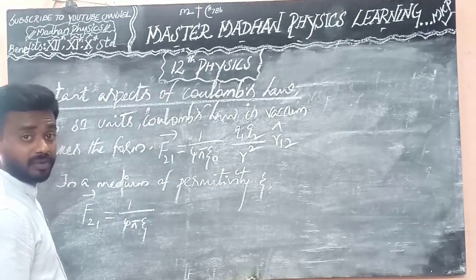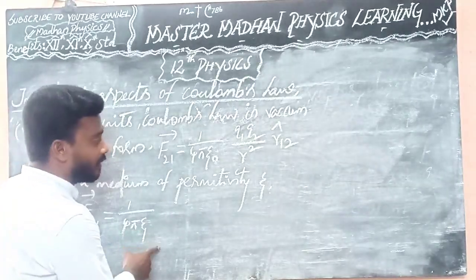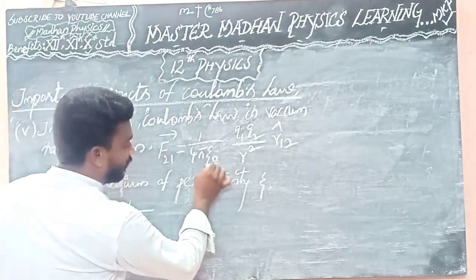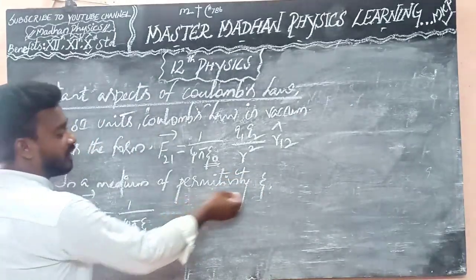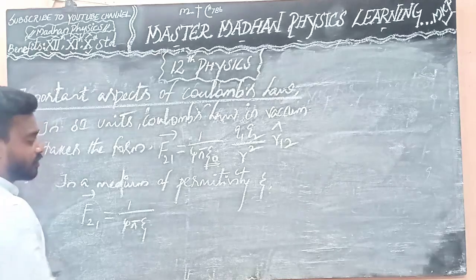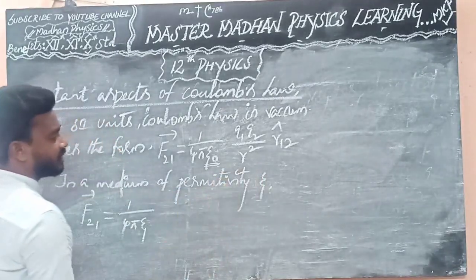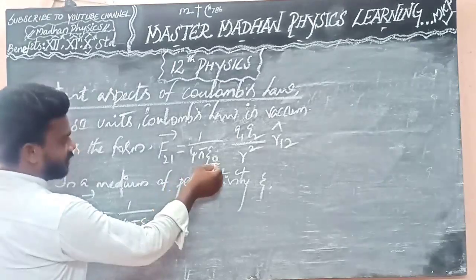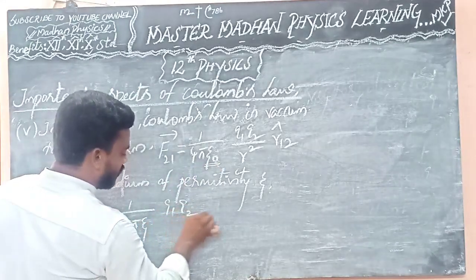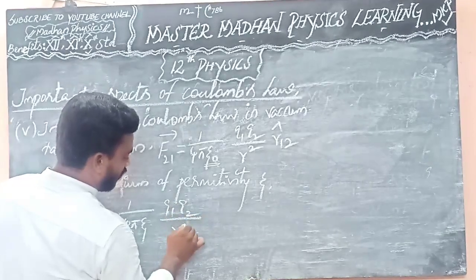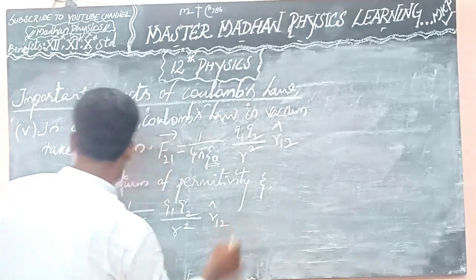Okay, do not put epsilon naught; instead of epsilon naught, we have to change to that permittivity only. So we can form the equation for a medium of permittivity epsilon. Replace epsilon naught with epsilon, and the remaining equation is as it is: Q1 Q2 by R square R cap 1 2.